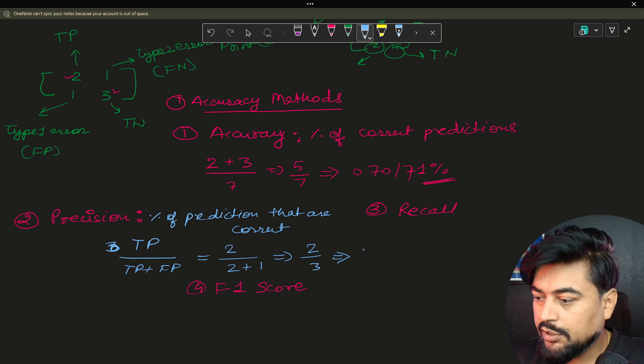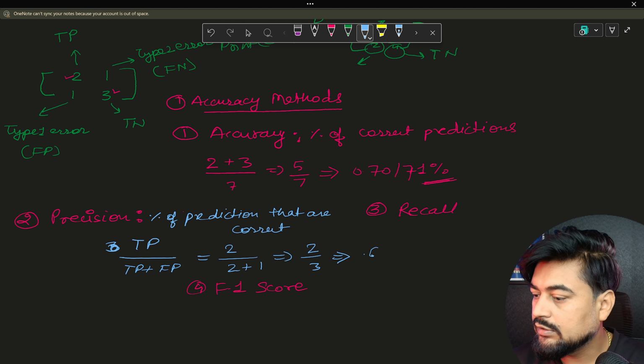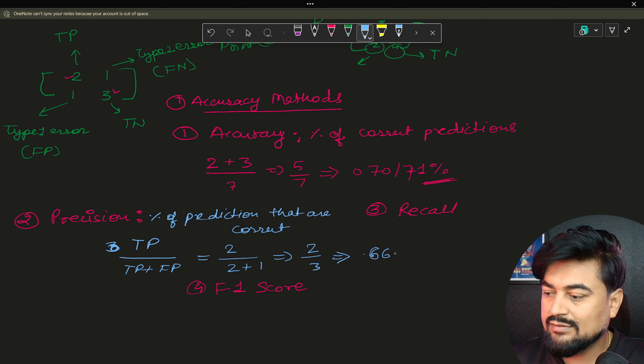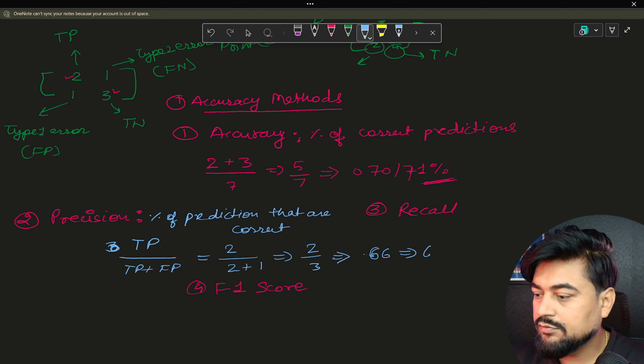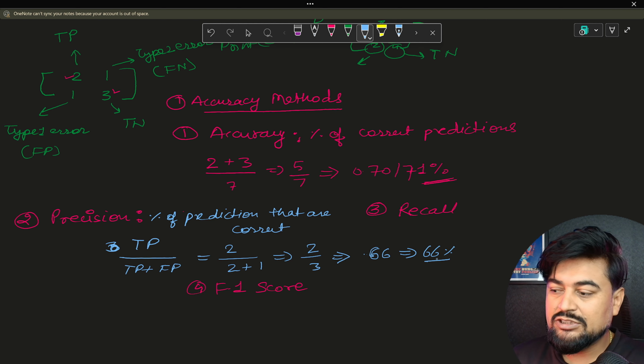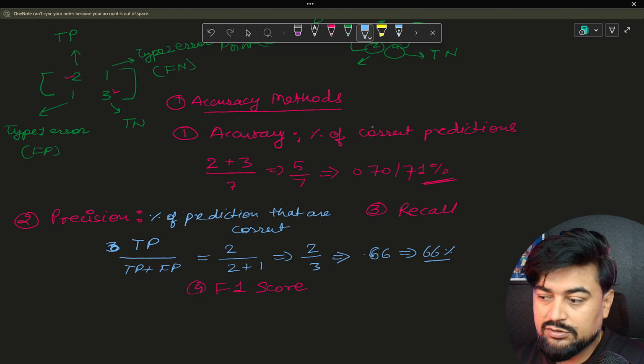So it will be 0.66 somewhere. So your percentage will be 66%, which is a very fair percentage, not a very good percentage. Precision is not very amazing for this particular model. The accuracy was still better.